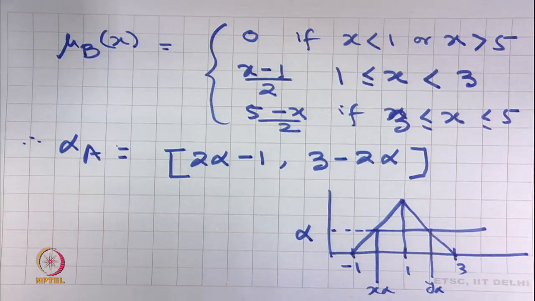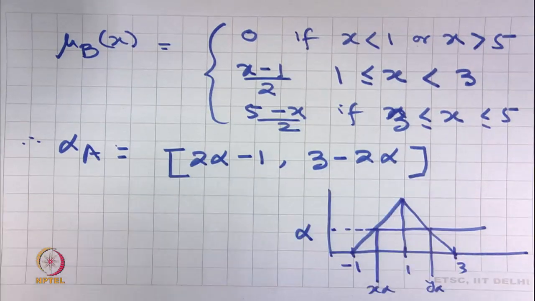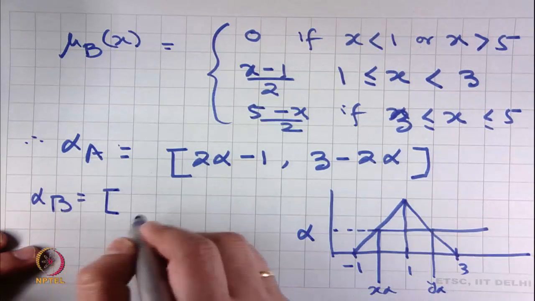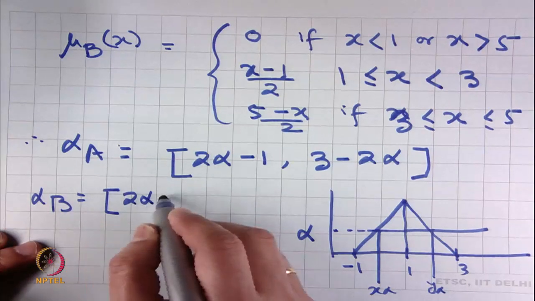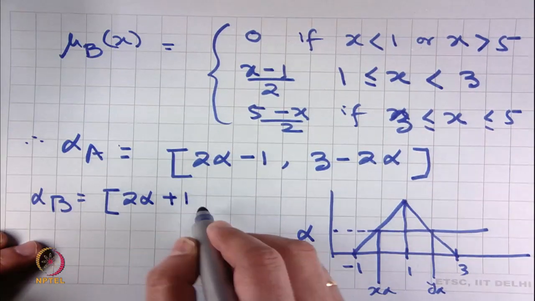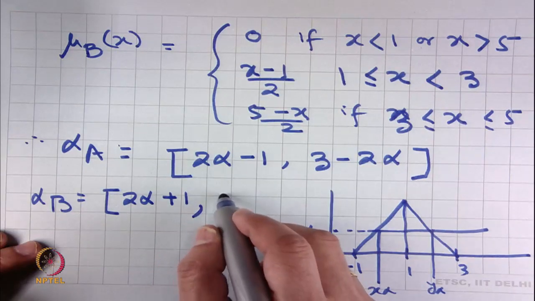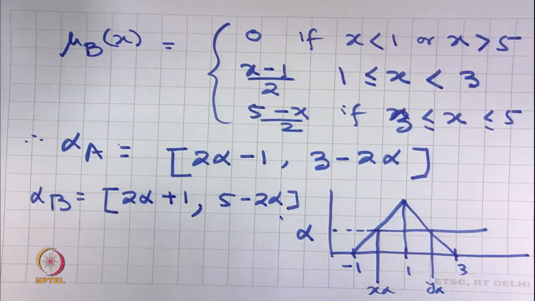So, we can use the geometry again, or the similarity of these triangles, to compute the alpha cut of A. In a similar way, the alpha cut of B is equal to [2 alpha plus 1, 5 minus 2 alpha].